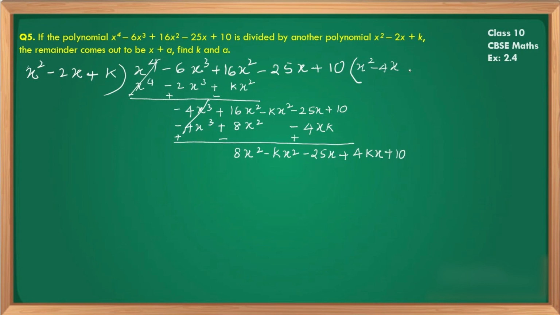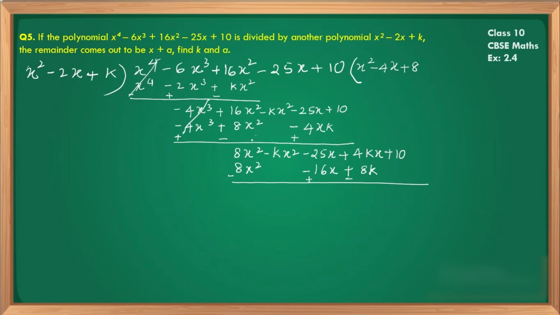We have to multiply plus 8 with this whole polynomial. What we get? 8x square, then minus 16x, we write below this, and then plus 8k. Now as we know, this plus becomes minus, this minus becomes plus, and this plus becomes minus. Why we write this? Just to see that we don't go wrong.